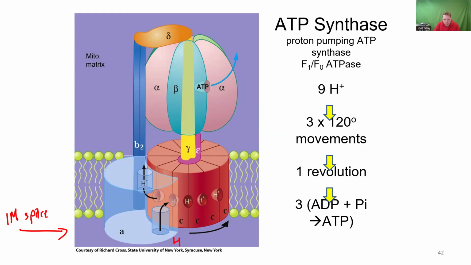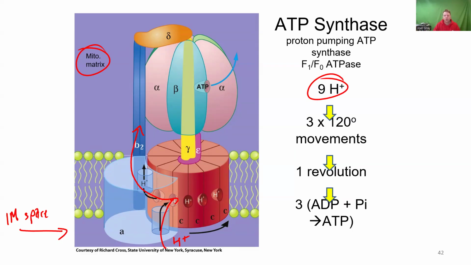Protons will funnel from the intermembrane space into a spot within this protein. Those protons will subsequently be moved to the other side into the mitochondrial matrix. And in the process, this protein known as ATP synthase makes these minor movements. A total of 9 protons will be moved from the intermembrane space to the mitochondrial matrix.